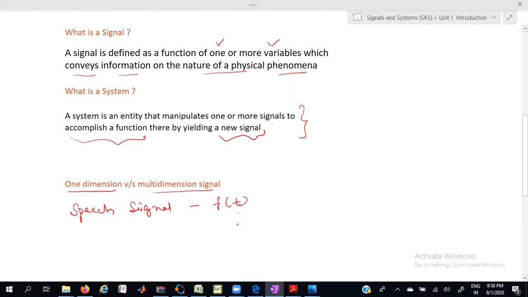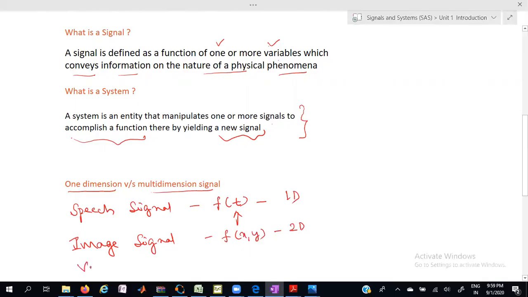So it is a one-dimensional signal. If it is an image signal, as you know, an image is a two-dimensional signal. So it will be something like f of x comma y. So it is a two-dimensional signal.